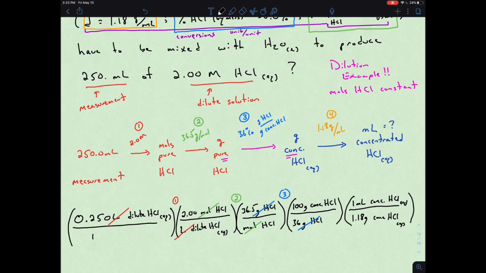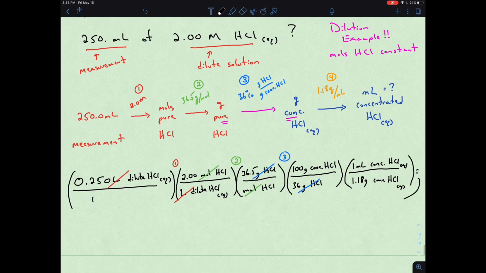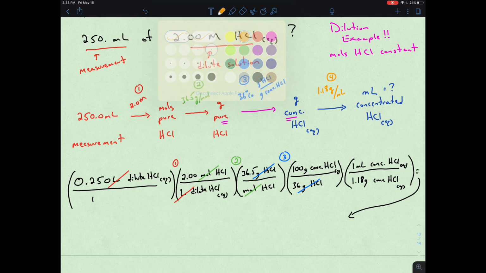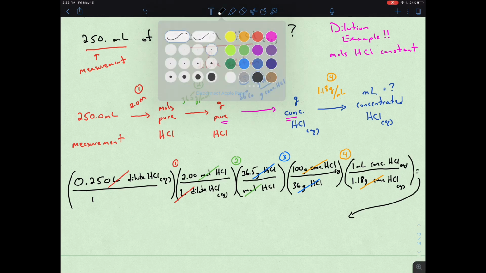They're aqueous. And so that was the fourth conversion. Now getting out of the mass of the solution and getting into volume of that concentrated solution.